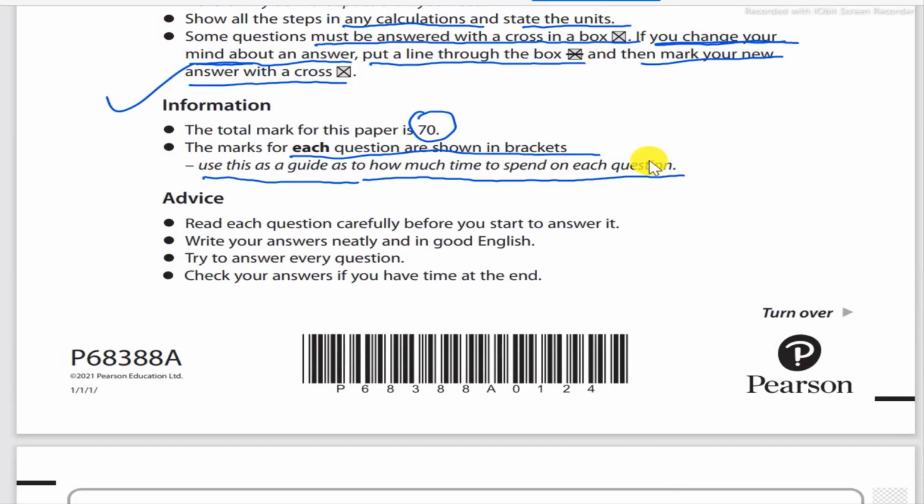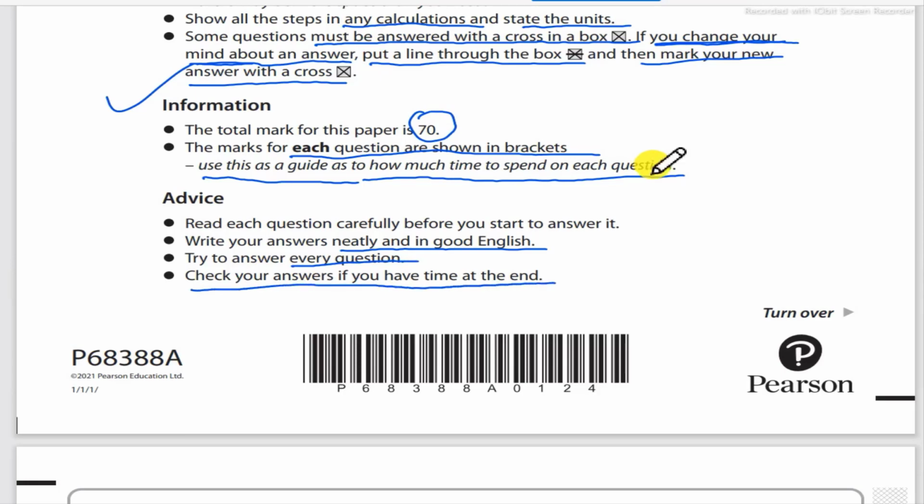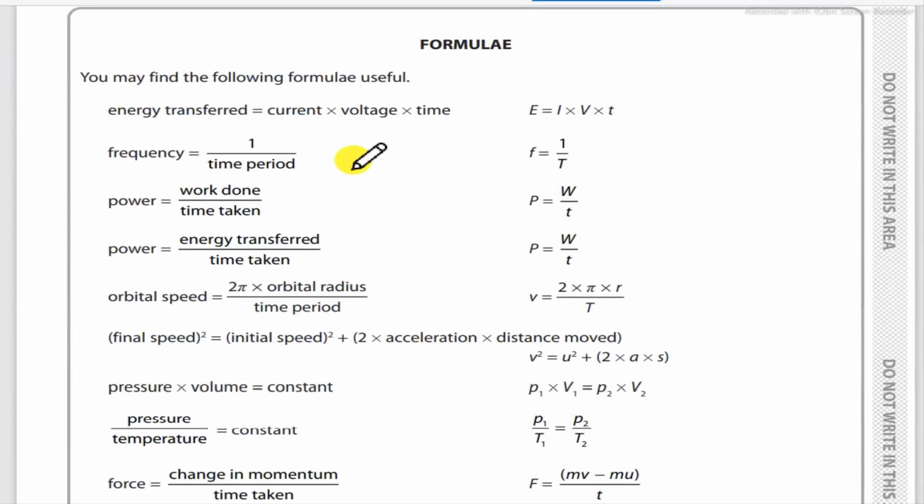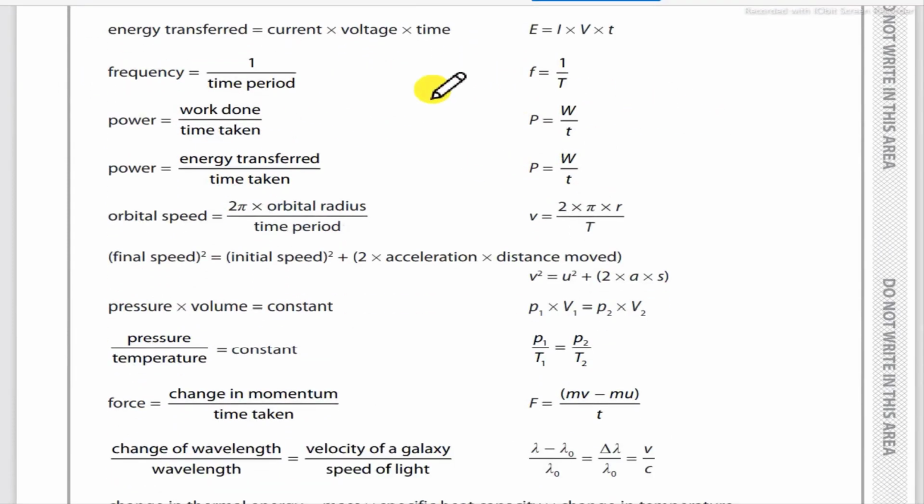Write your answer neatly and in good English. Try to answer every question. Check your answers if you have time at the end. Formula sheet. You may find the following formulae useful.